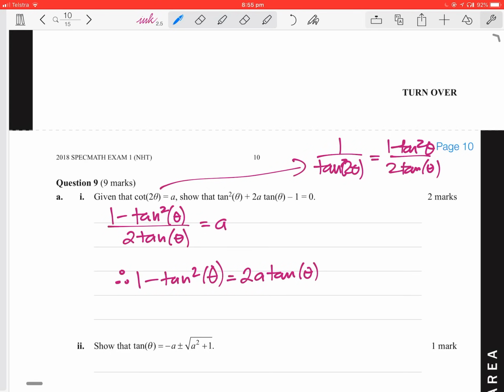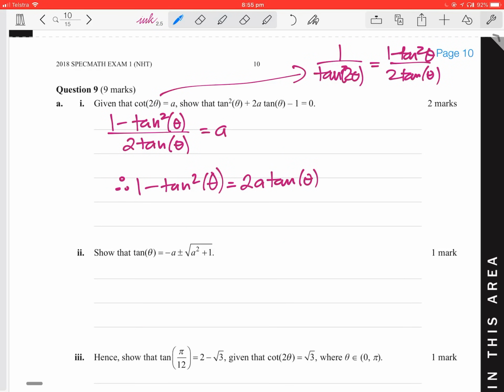So 1 minus tan squared theta equals 2a tan theta, so that's equal to tan squared theta plus 2a tan theta minus 1 equals 0.